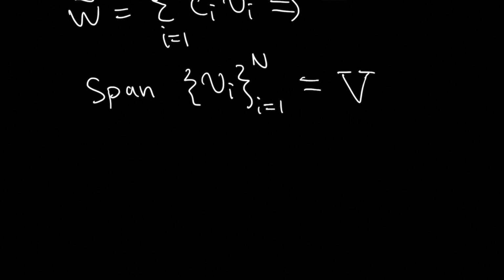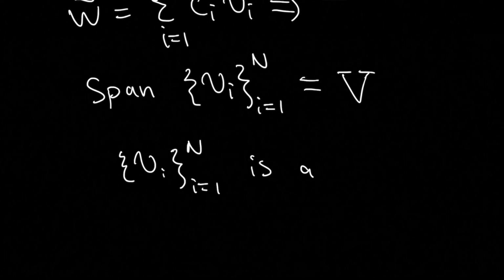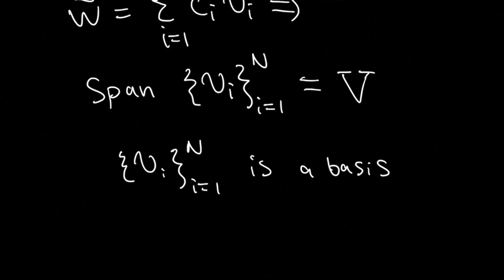If this is true, then we would say that v sub i from 1 to n is a basis. So a basis is a complete, or maximal, set of linearly independent vectors. In other words, it's a set of vectors that are linearly independent and span the space.